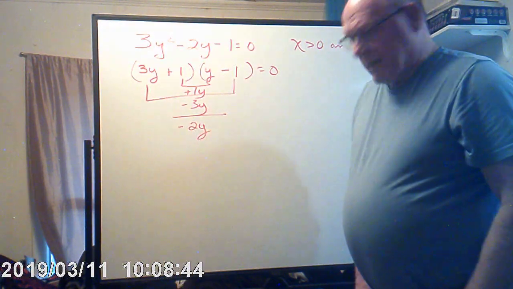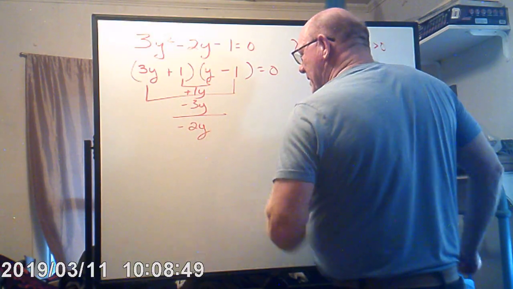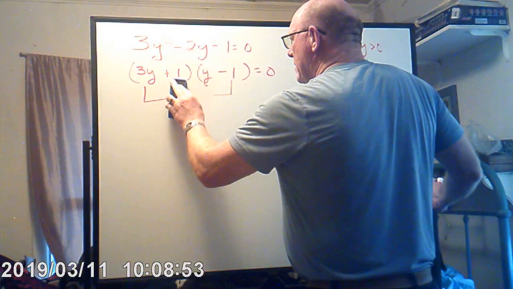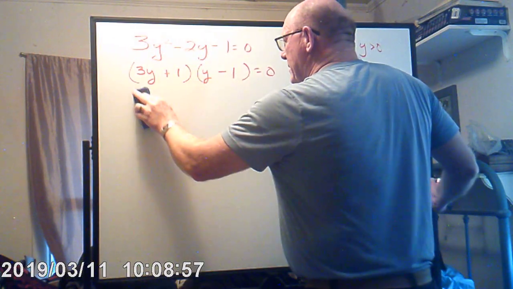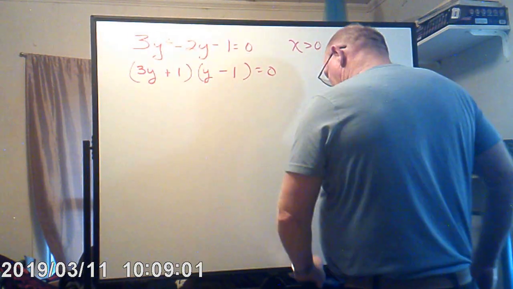Okay, like that. Alright, and that's what I have right here in the middle. Let's just erase that. And it's kind of interesting that you have to do it like this.